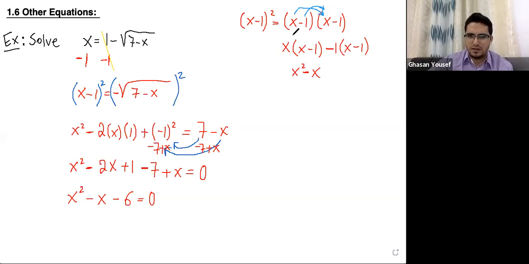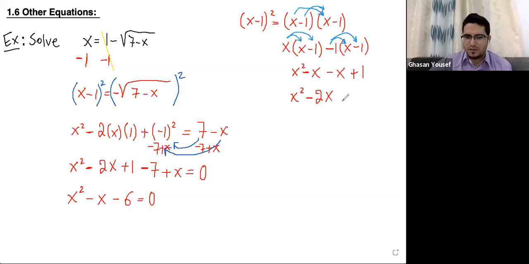And the same for the minus 1 inside the parentheses. So I will get x squared minus x minus x, and minus 1 times minus 1 gives me positive 1. So actually I get x squared minus 2x plus 1.